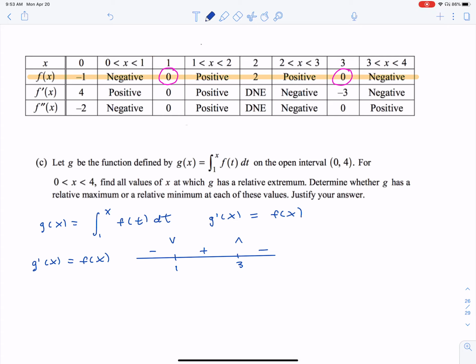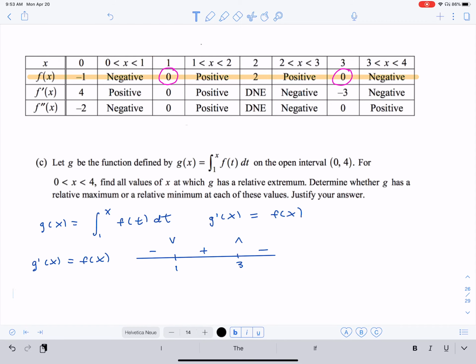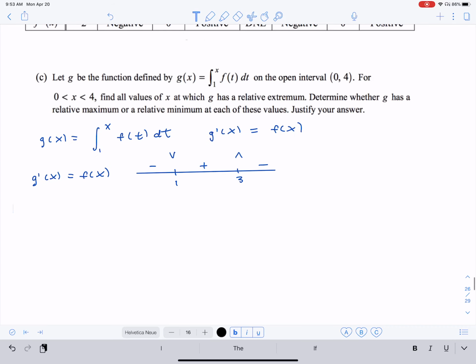So let's put this together since we were asked to justify it. And let's get the size of our font good from the start. I'm going to say, because g prime equals f of x. So again, I'm looking at the derivative of g by looking at the function f.